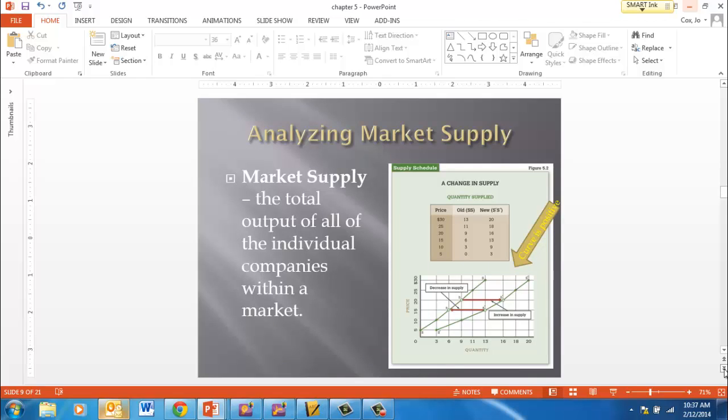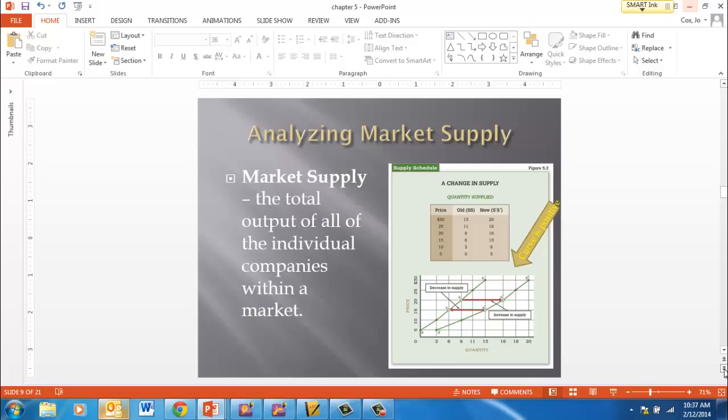Again, here is market supply, which is the total output of all of the individual companies within one market. Notice the diagram here, where you have a graph with two supply schedules, and notice that you have a shift in the supply curve.